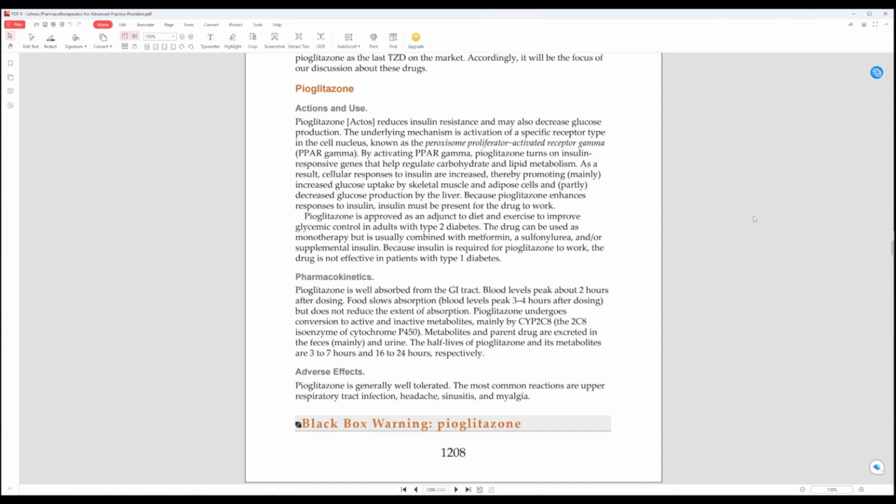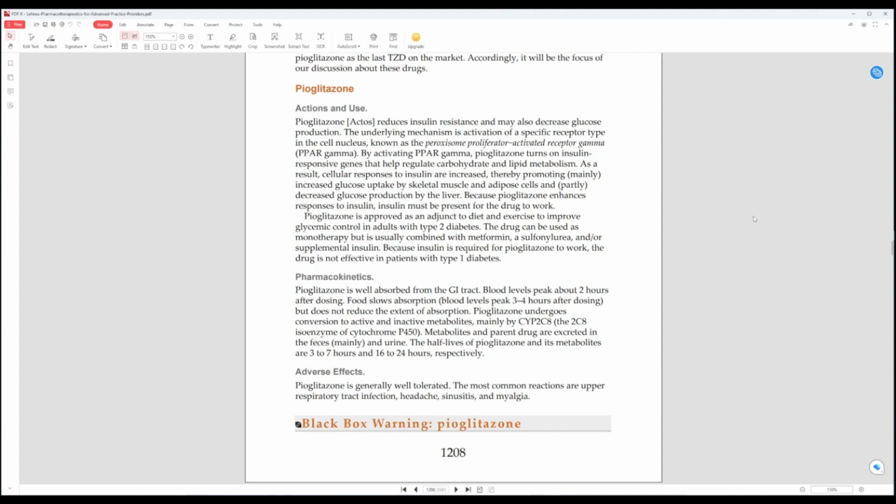By activating PPAR gamma, pioglitazone turns on insulin-responsive genes that help regulate carbohydrate and lipid metabolism. As a result, cellular responses to insulin are increased, thereby promoting increased glucose uptake by skeletal muscle and adipose cells, and decreased glucose production by the liver.